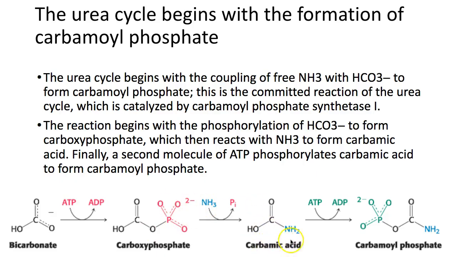And then you have this intermediate. And then you utilize some more ATP to transfer the phosphate group to this opposite side where you have the hydroxyl group, and now you have that final form of the carbamoyl phosphate compound.